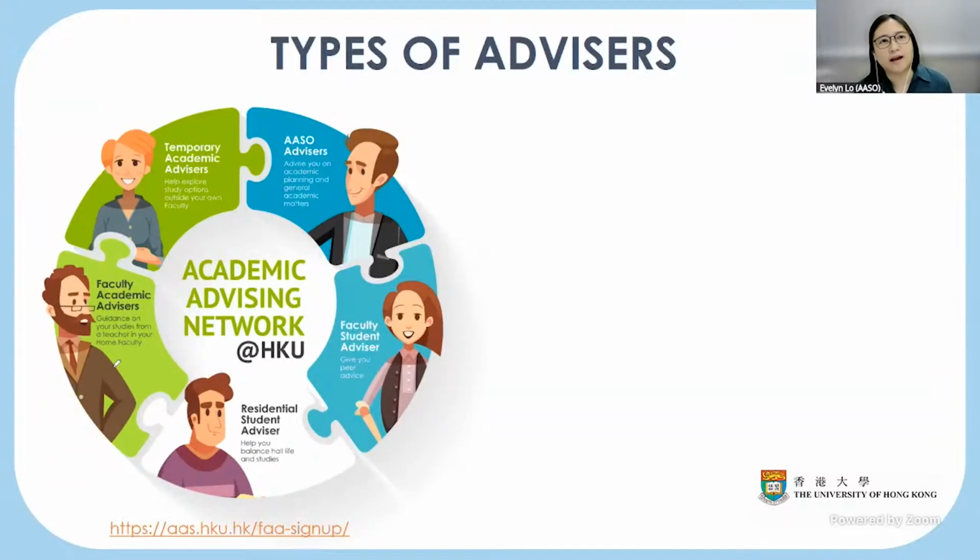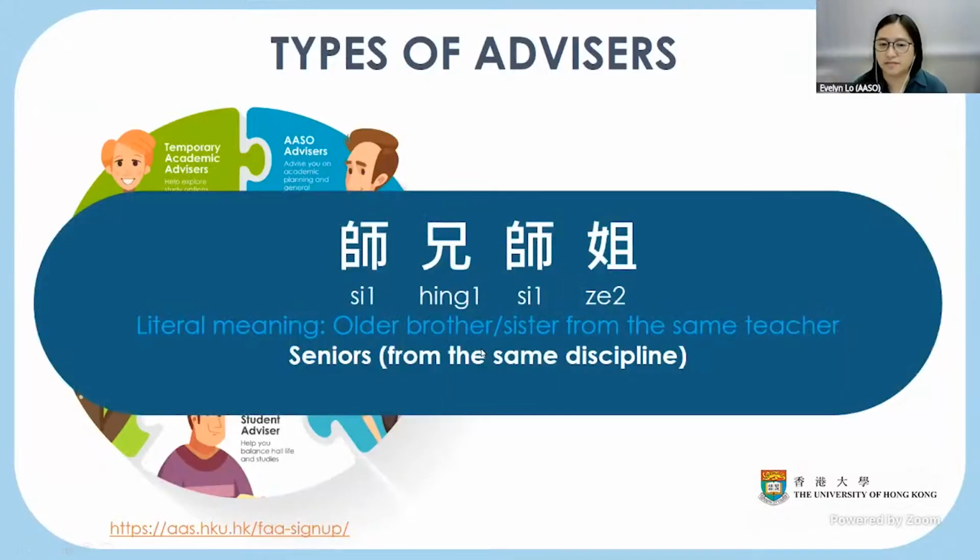And if you have subject-specific questions that are not from your program, not from your major, there are temporary academic advisors, a similar situation but a shorter relationship. And there are also the student advisors. So we have faculty student advisors, which mostly are your 師兄師姐, students from the same discipline.